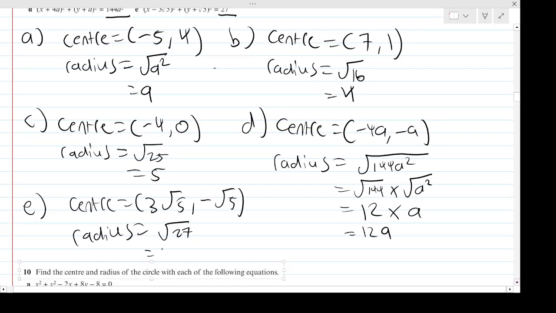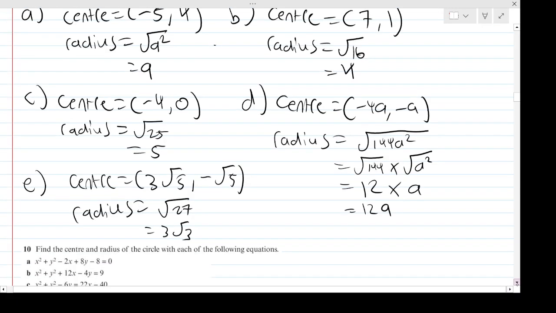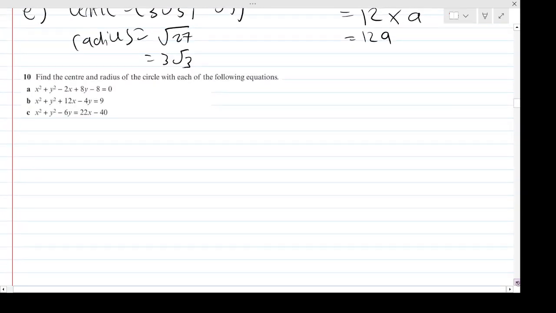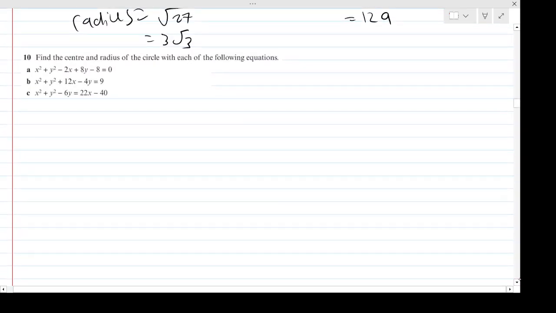Okay, so that's a bit of a quick fire sort of thing, but hopefully you're getting a good idea now for how to deduce the centre and the radius from the equation, right? Okay, so now we're going to work the opposite way. No, we're not. Sorry. We're going to turn it up a gear then, like with the example we saw just a few minutes ago.